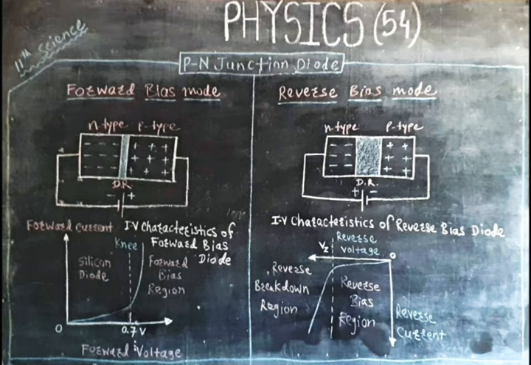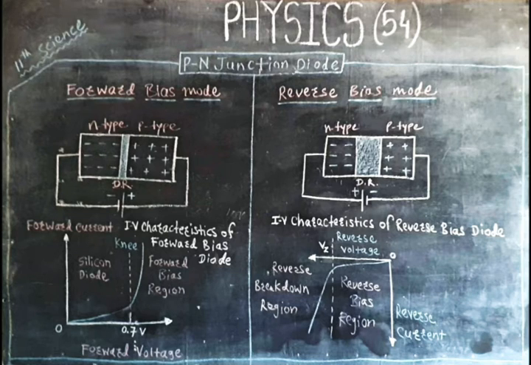As I have told you, in case of forward bias, the P type is connected to positive, and for reverse bias, the P type is connected to the negative terminal of the battery. Here we should also mention cathode and anode.